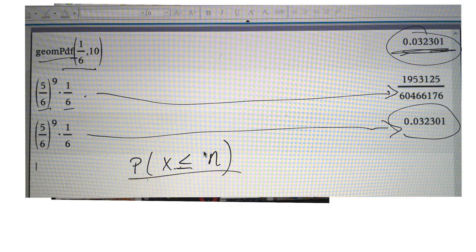So Geom CDF is everything before whatever that trial is, including that trial. So that's kind of an interesting also key that you can use, the Geom CDF, which will allow you to calculate the probability your first success comes on or before a certain trial. Anyway, that's it for this part of the video, and on to the next one, binomial.